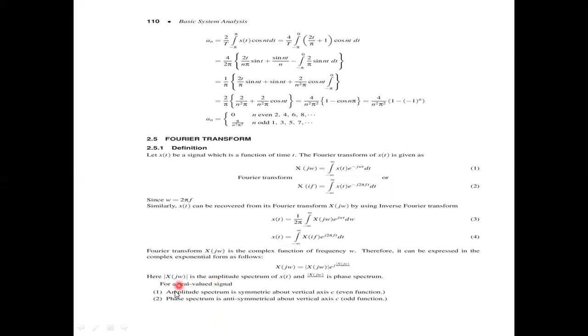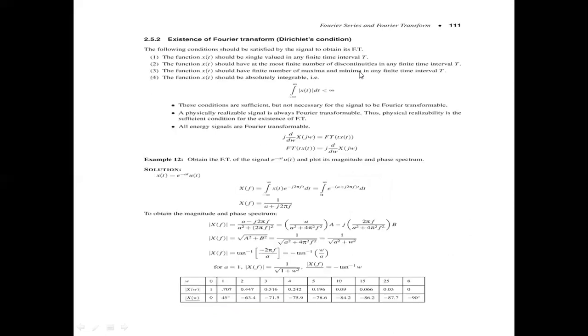The amplitude spectrum is symmetric about the vertical axis, an even function, and the phase spectrum is anti-symmetric about the vertical axis, an odd function.